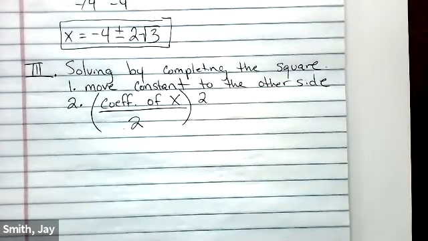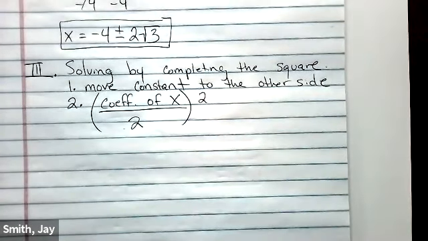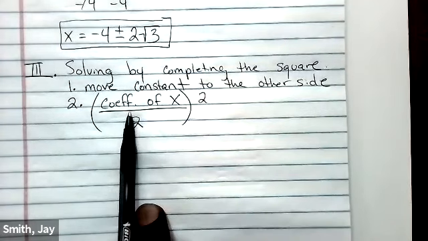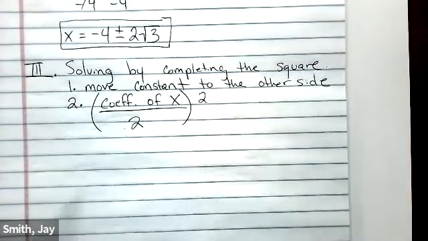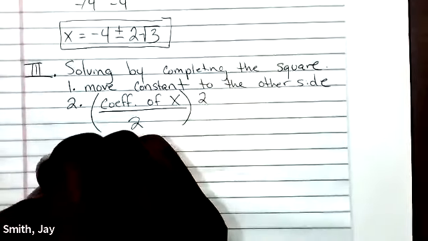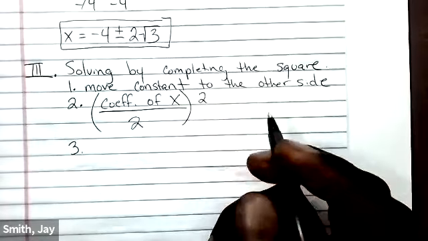Now remember, with the quadratic, we're going to have an x squared term, an x term and a constant term. First step, keep the constant to the other side of the equation. Second step, take the number in front of the x, divide it by 2 and square it. That's going to be the number that we add to both sides of the equation. This way we're manipulating the way that the equation looks, not changing the value of our answer though. So third step, add the number to both sides.